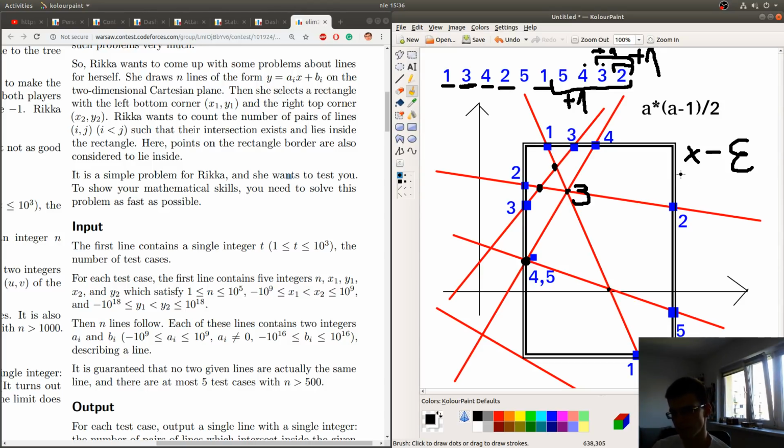So it's better to stay with integers. When I said we imagine extending by epsilon, we indeed just imagine that. We don't actually change x in our code. But thanks to that, we just know how to sort things. When there is a tie, like this one, we just say which line will be lower and which one will be higher to the left.